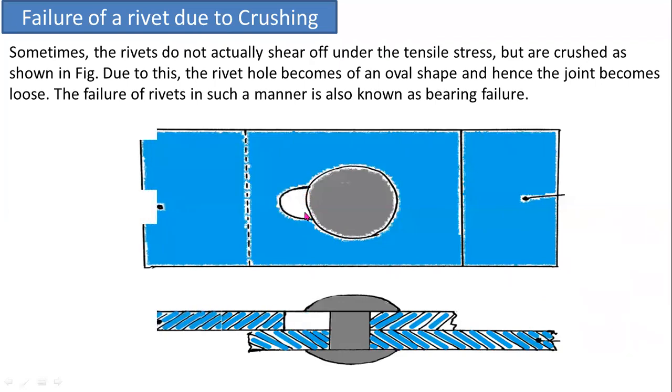The failure of rivets in such a manner is also known as bearing failure. So here you can observe, I am applying the pulling forces, then this rivet may fail due to crushing.